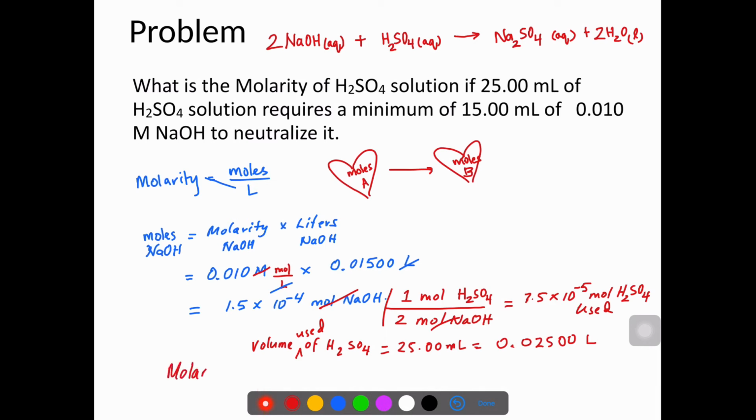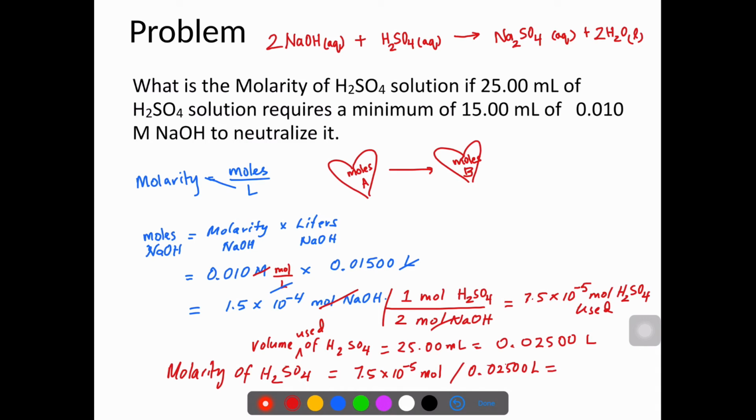So molarity of sulfuric acid will be moles of sulfuric acid used, that one number, divided by the volume used in liters. Molarity is always moles over liters. So divided by 0.025 liters.